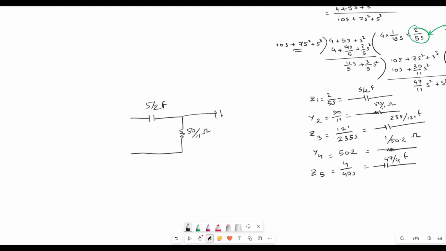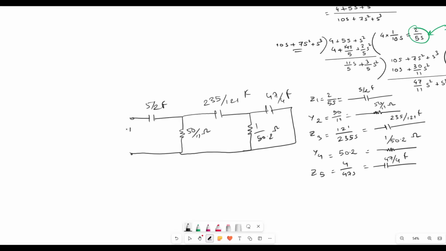Then we have another capacitor, Z3, 235 by 121 farad. Then we have a resistor Y4, value is 1 by 50.2 ohm. Then finally we have a capacitor Z5, value is 47 by 4 farad. And this is Z(s). Okay, so this is how we solve Cauer Form 1 and Cauer Form 2.